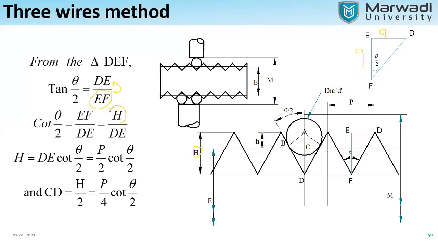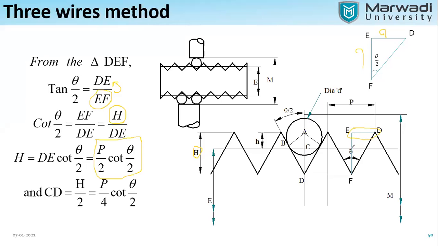It will be H, height meaning the depth of thread, by DE. So H will be DE into cot theta by 2. And DE, as I told you, will be pitch by 2. So the final answer of H will be P by 2 cot theta by 2.